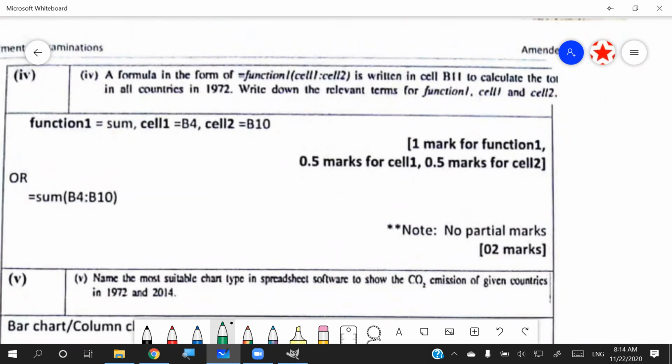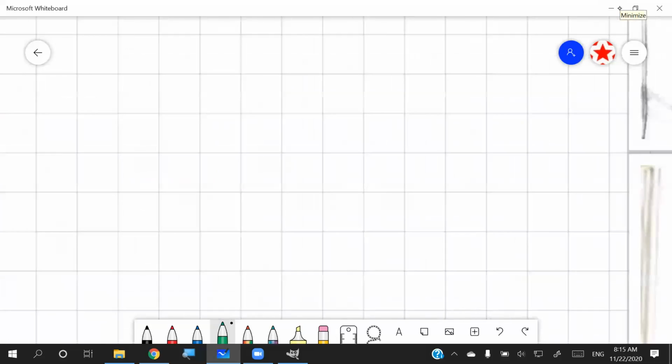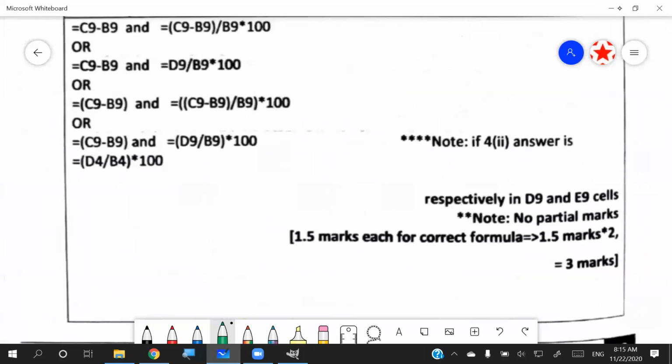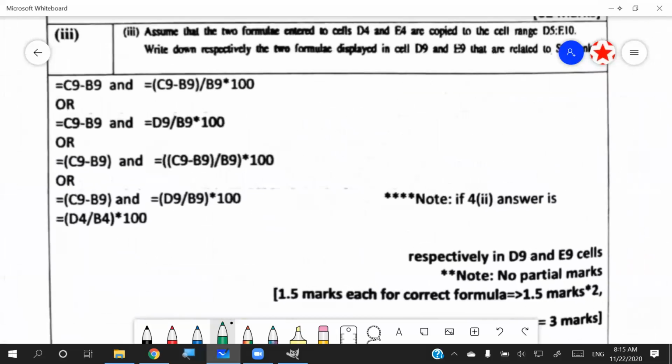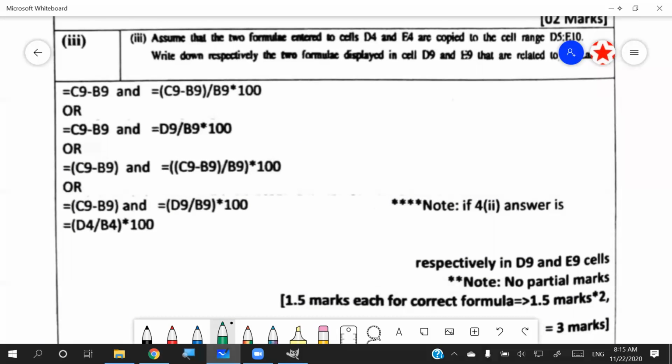Oh, Himanadi, hold on. I'm moving there. Can you see it now, though? Oh, what? The screen is not being shown to you? It's not moving. Okay, hold on.